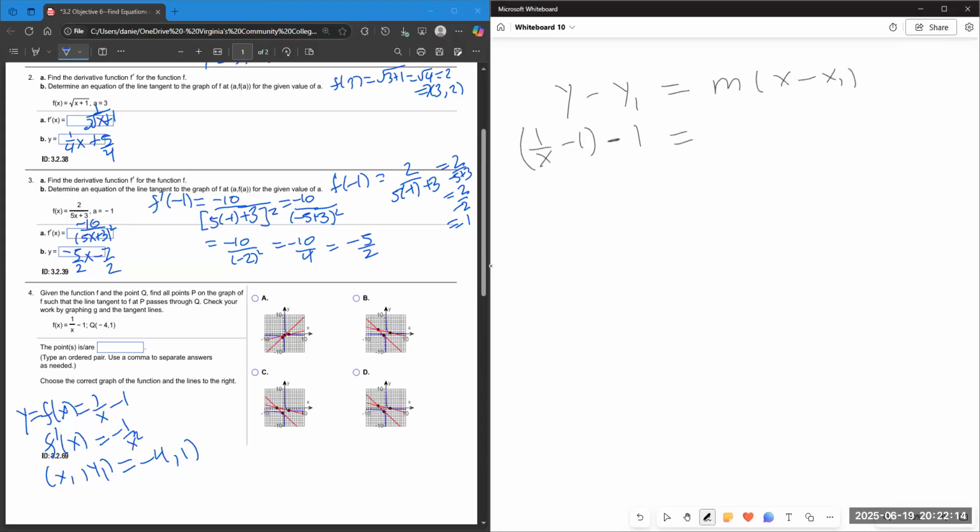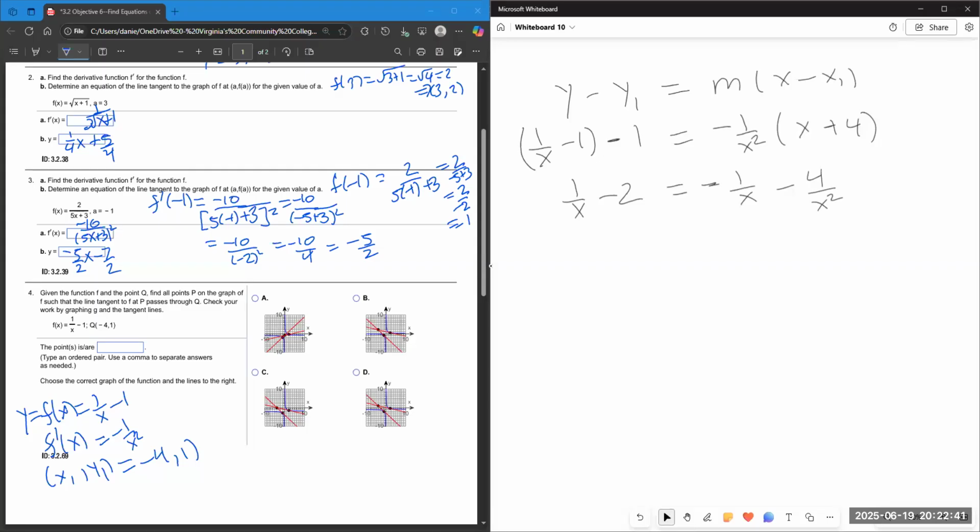My m is my derivative, negative 1 over x squared. And then my x1 is my x value of my point, so minus a negative 4 will turn into a plus 4 in the formula. So the left-hand side turns into 1 over x minus 2. The right-hand side turns into negative 1 over x minus 4 over x squared.